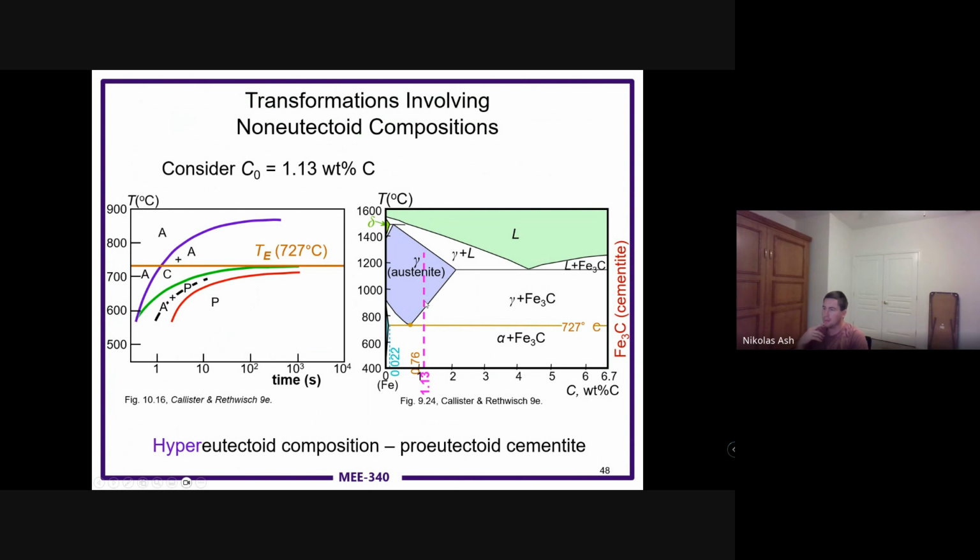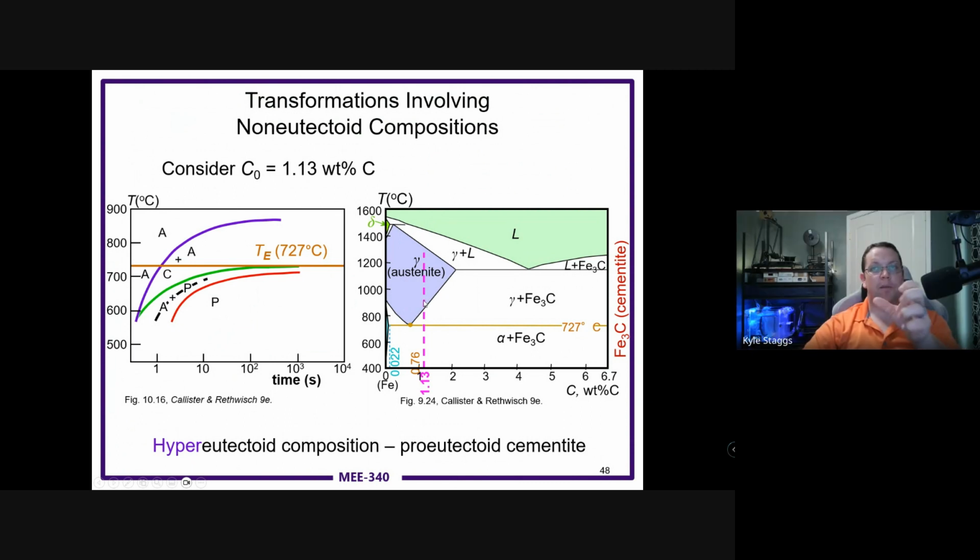Okay. So again, think of it like pulling a book off of a library shelf. As you drop down to just a little bit above 800 at this composition, you form. Here, this is probably 840 or 850, not quite 900, but pretty close.